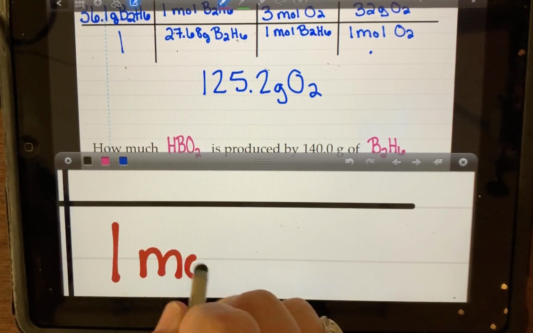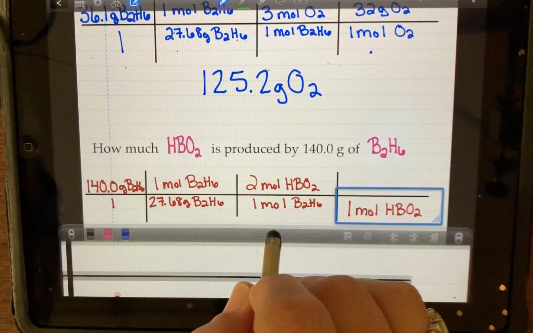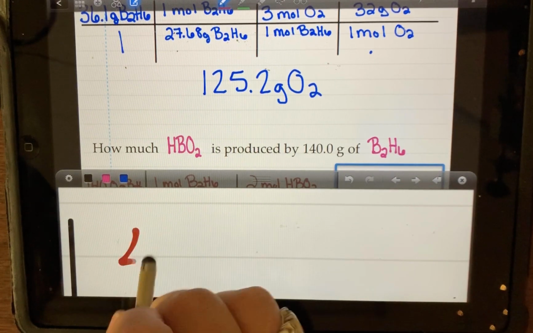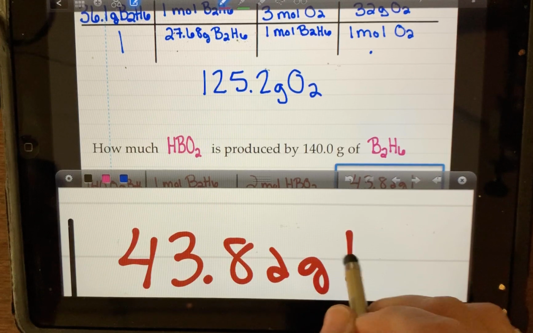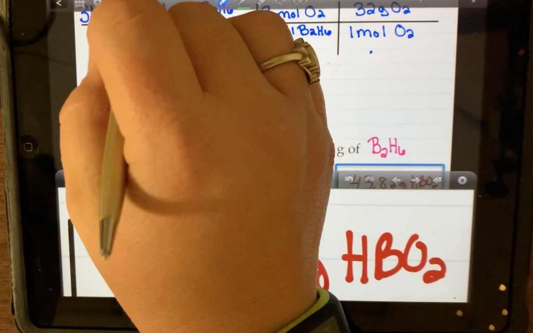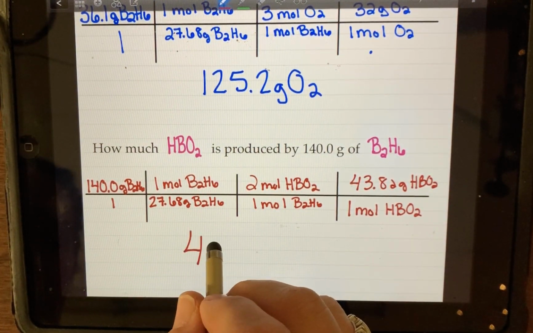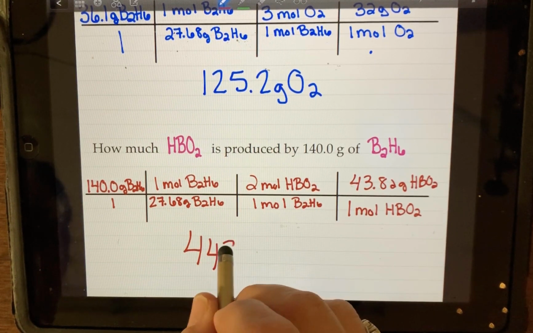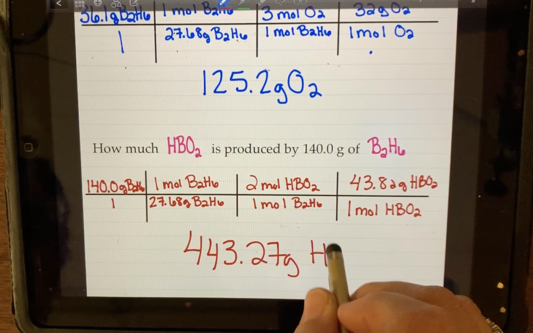So I'm going to put 1 mole HBO2, and on top, when I do the math for that, I get 43.82 grams HBO2. And so when I perform the operation, if I have 140 grams of B2H6, I'm going to produce 443.27 grams of HBO2.